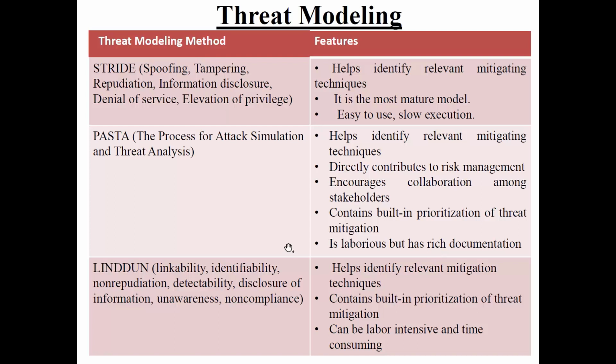The 7 stages are: it first defines the objectives, and then it defines the technical scope, and then application decomposition. Then it does the threat analysis, and then vulnerability and weakness analysis, then attack modeling, then risk and impact analysis.